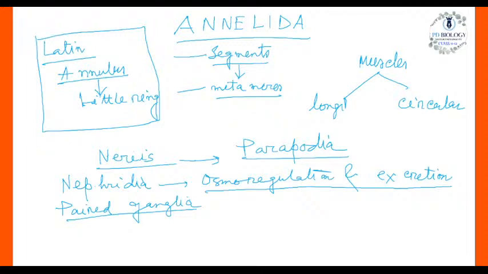Ganglia, in singular ganglion, are connected by lateral nerves to a double ventral nerve cord.